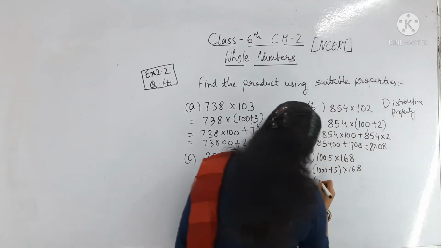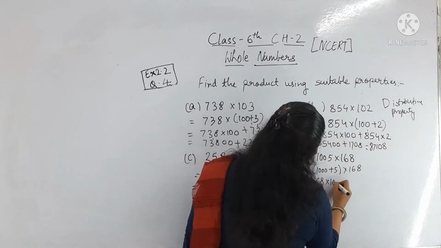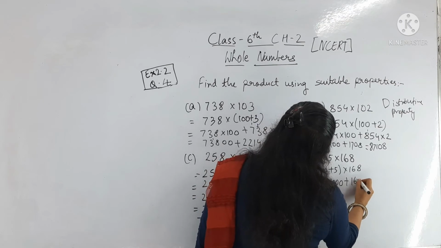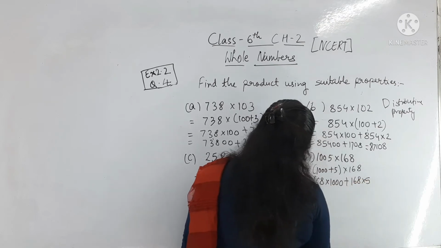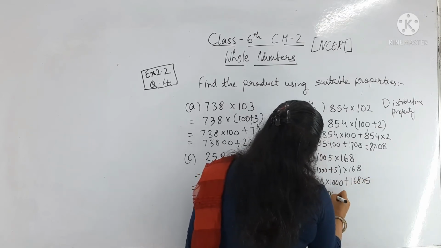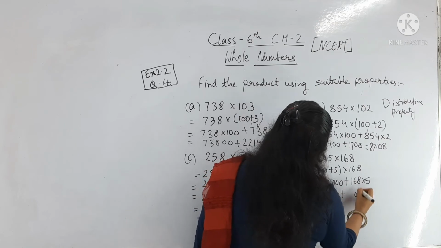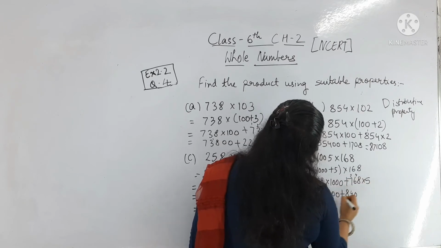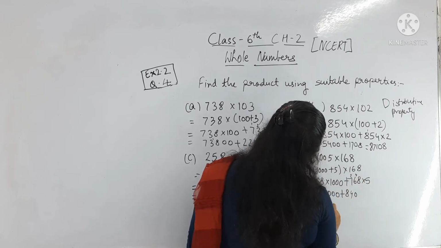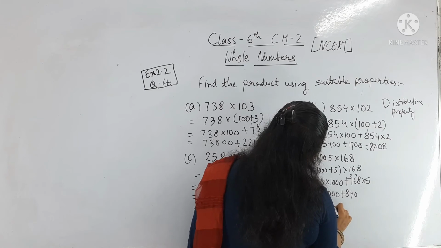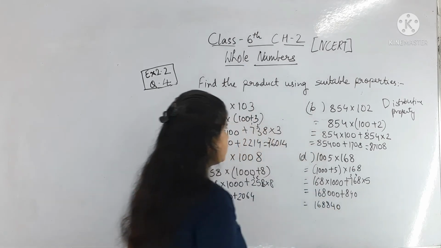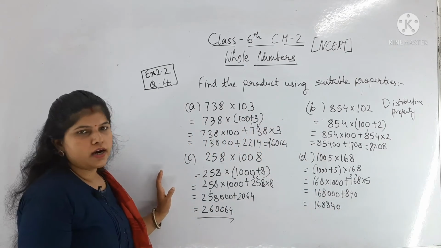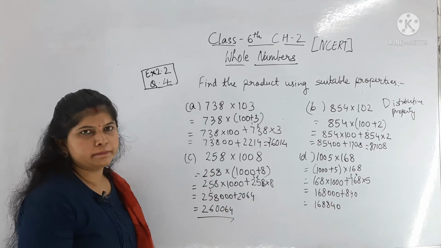So what you have to write, 168 into 1000 plus 168 into 5. 168,000 plus 8 5s are 40, 6 5s are 30 plus 4 is 34, 5 1s is 5 and 8. So I am getting 168,840. So this is your fourth part, question number 4, ABCD part.